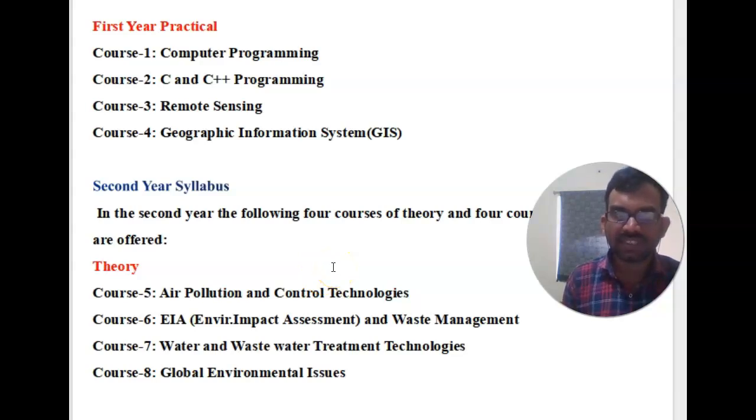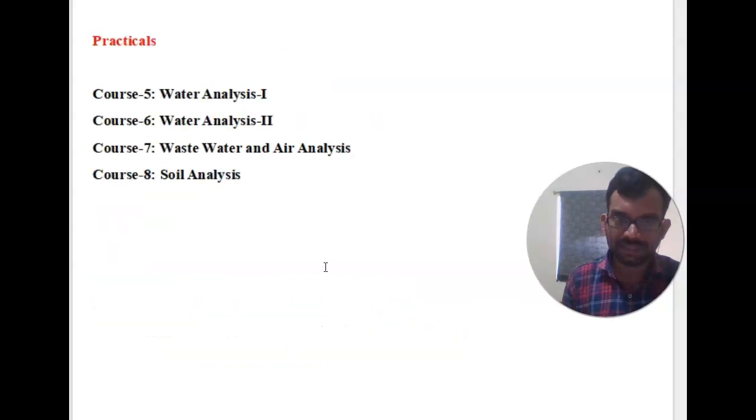Then you can look into the second year practical syllabus. The second year practical is again 4 papers. Course 5 is water analysis 1, course 6 is water analysis 2, course 7 is wastewater and air analysis, and course 8 is soil analysis. Mostly this is very simple, with experimental work.